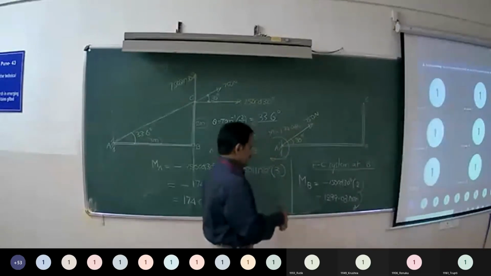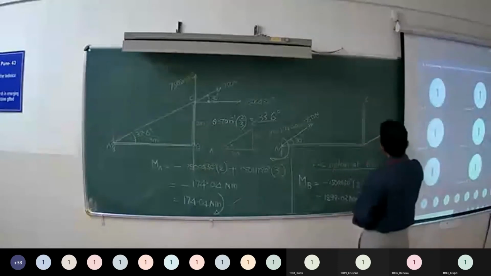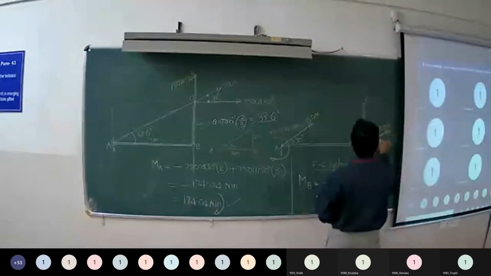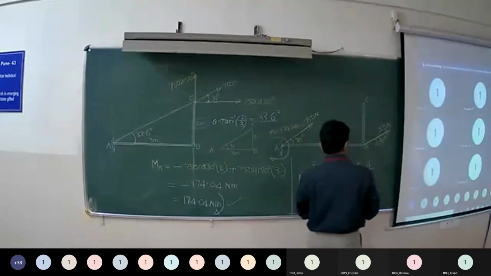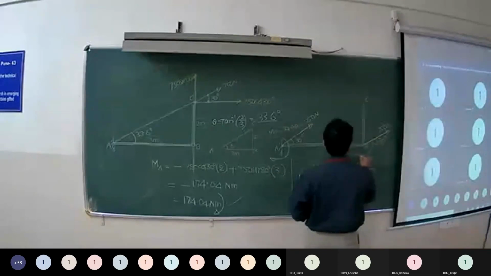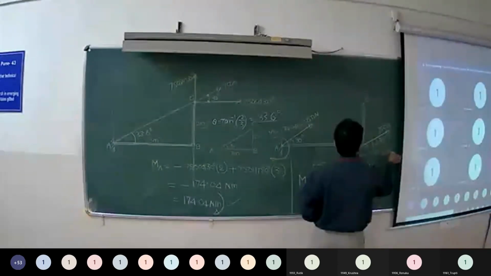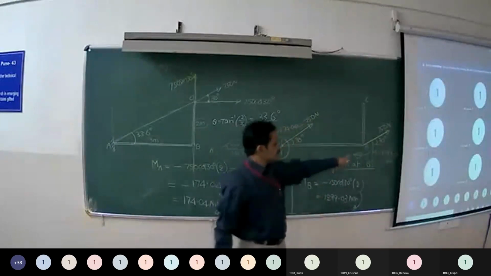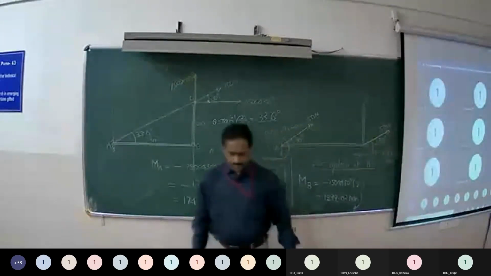So what is the equivalent force couple system at B? Force is 750 Newton acting at an angle 30 degrees with horizontal, and couple is clockwise of magnitude 1299.03. So this is the equivalent force couple system at B. Understood?